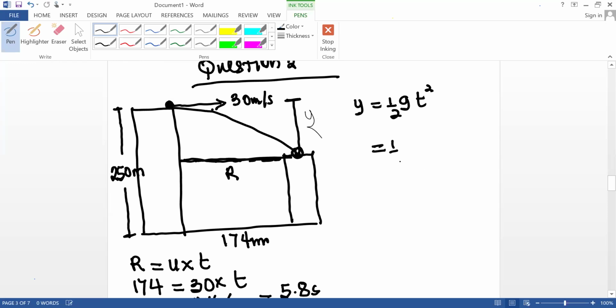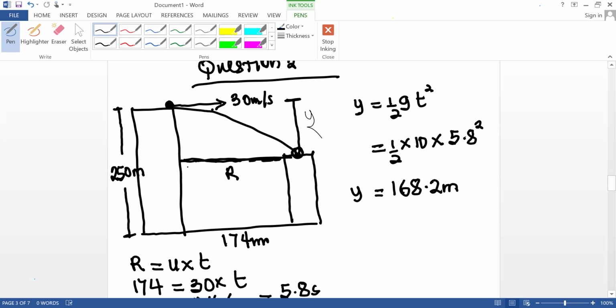So half times 10 times 5.8 squared, and that should be 168.2 meters. Class, is that correct? Yes. Okay, good.